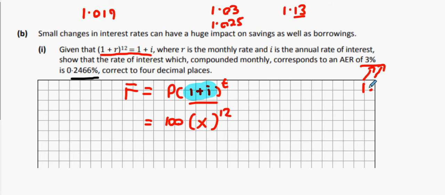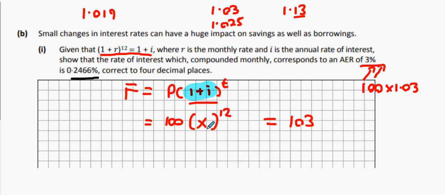What happens when you increase 100 euro by 3%? What do you get? It's 103, okay? So, does everybody get that? They want the monthly rate 12 times to be the same thing as a yearly rate of 3%.